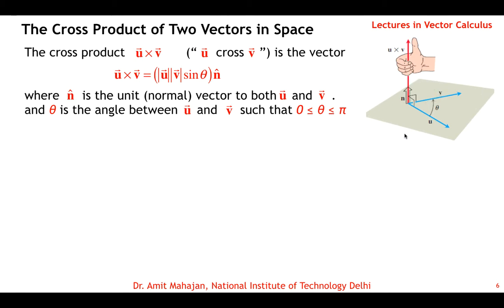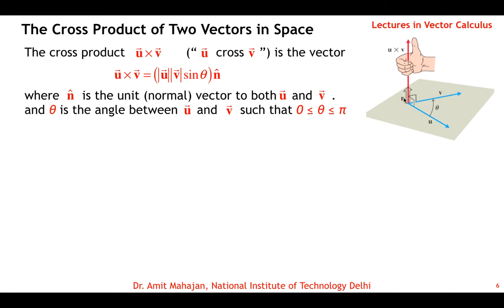If we select n cap to be the vector perpendicular to this plane by the right hand rule, that means if I move from u to v with the right hand fingers curled through an angle of theta from u to v, then the direction of the thumb will tell us the direction of this n cap unit vector.